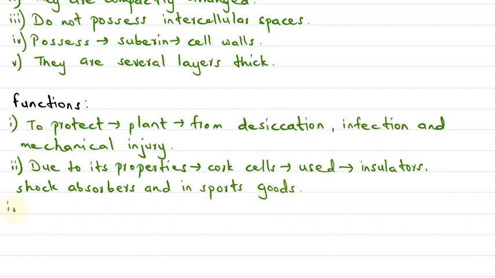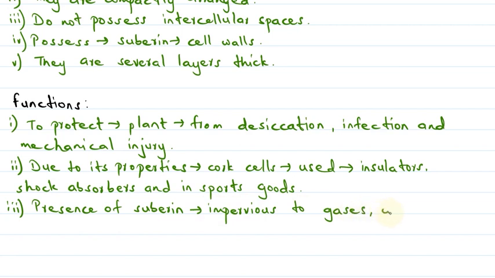Then, due to the presence of suberin, this makes them impervious to gases and to water. These are the main functions performed by the cork cells.